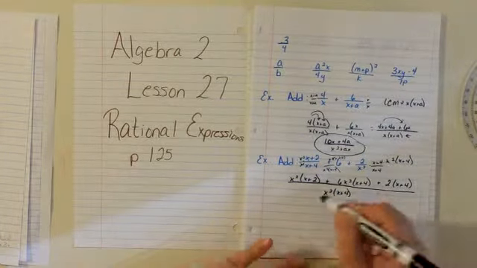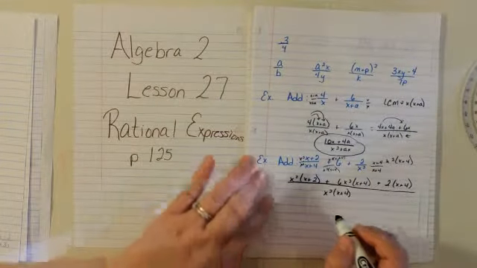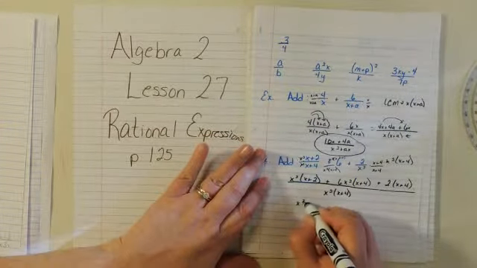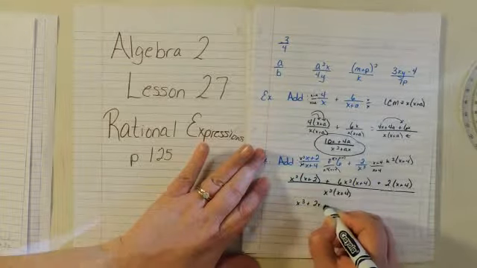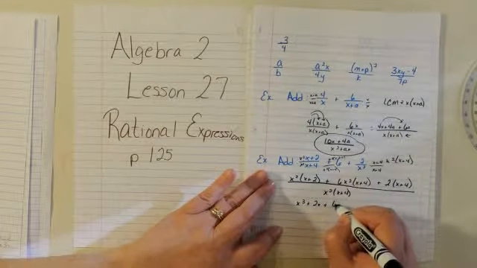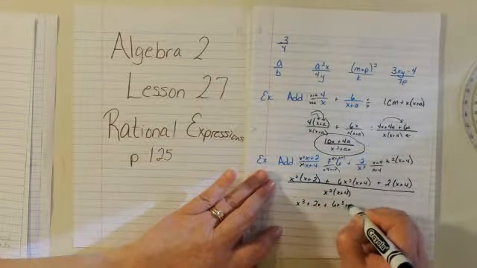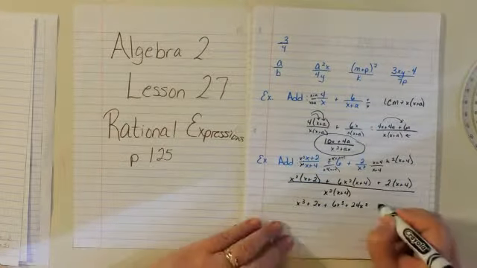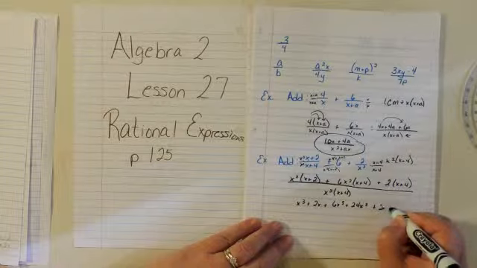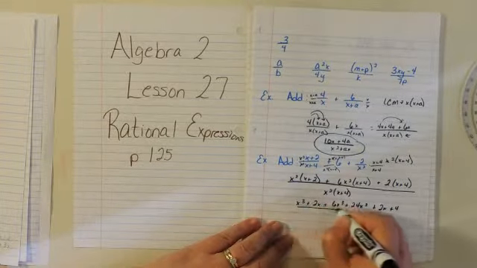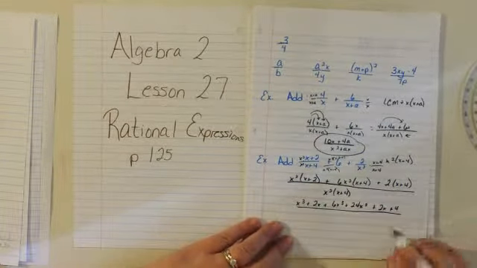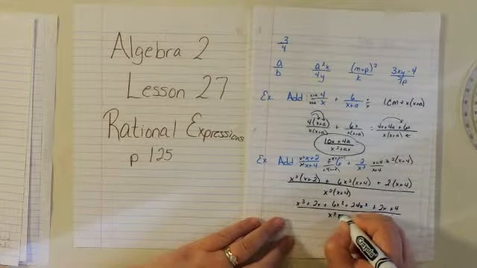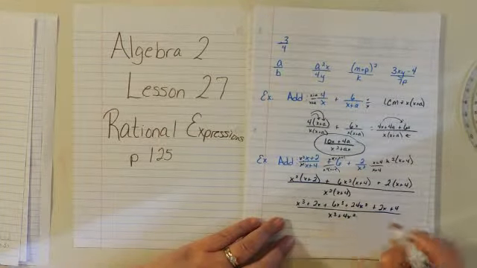Okay, now we can multiply this through. Here we'll get x cubed plus 2x squared plus 6x cubed plus 24x squared plus 2x plus 4 all over, let's pull it out of the denominator also, x cubed plus 4x squared.